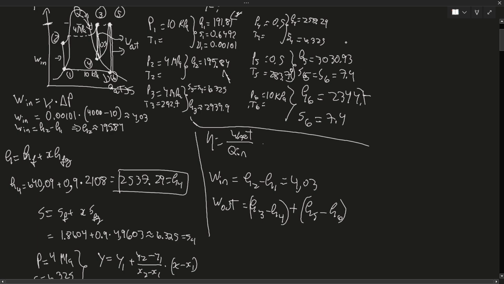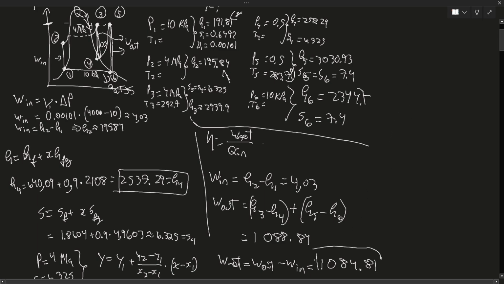Plugging in the values that we wrote in our table up top, you should get a W out of about 1088.84. So work net is equal to work out minus work in. Since we found these two values, it's going to give us a result of about 1084.81.